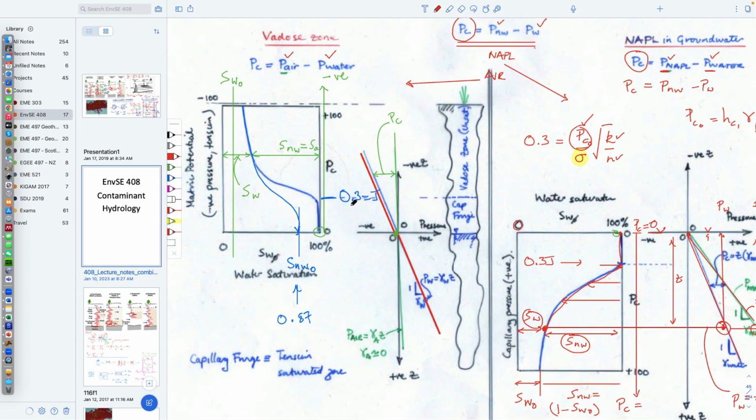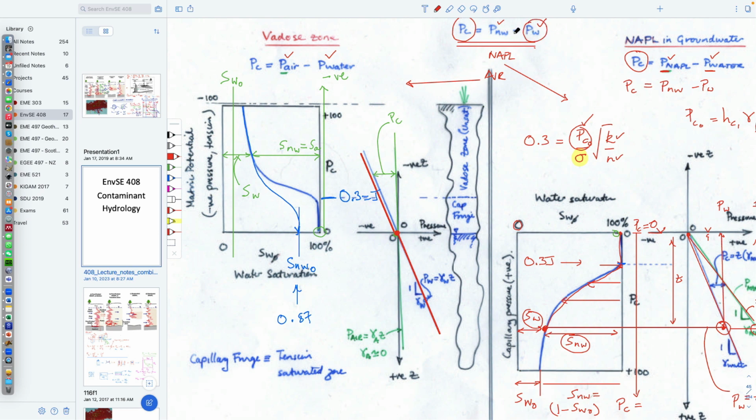Likewise, perhaps more obviously, in the vadose zone, where we don't flip the diagram upside down, as we go up from the water table, again, this is atmospheric pressure by definition of the water table. As we go up in the continuous water phase in the vadose zone, the pressures are negative. So these water pressures are negative.